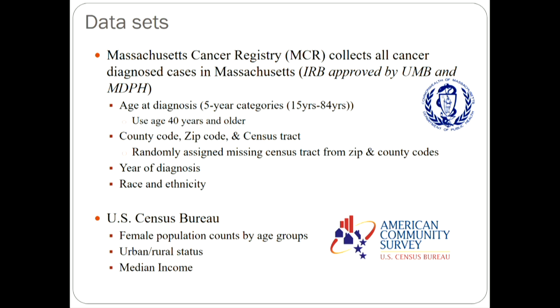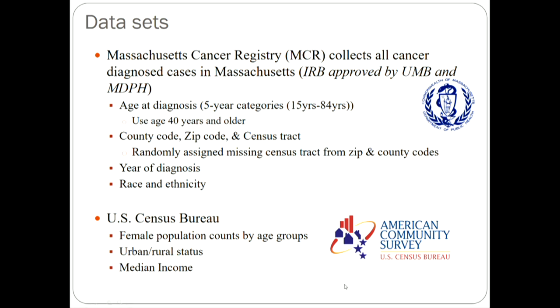For the MCR data here, we have the cancer information, the age at which the cancer happened, and the zip code and census tract. We also know the year, the race, and the type of cancer. So for this study, we just select the breast cancer.